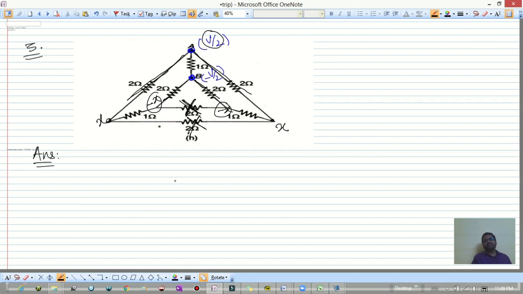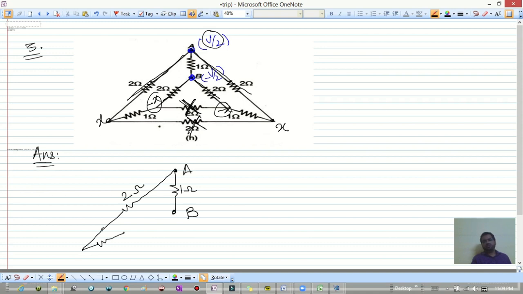So you can redraw the circuit like this. This is A point, this is B point. This is 1 ohm. This is 2 ohm. Then we have, this is again a 1 ohm, and this is connected to B with resistance of 2 ohm.